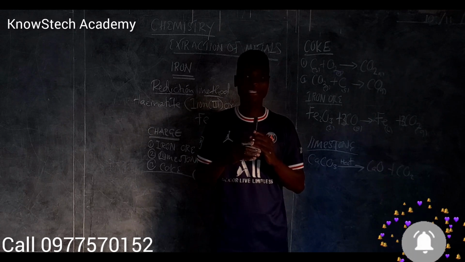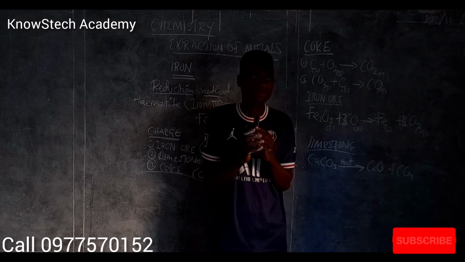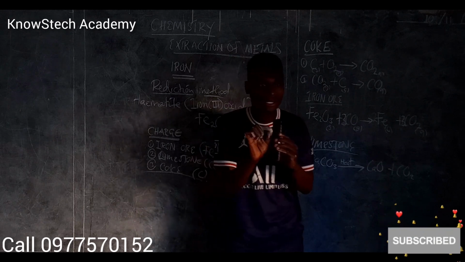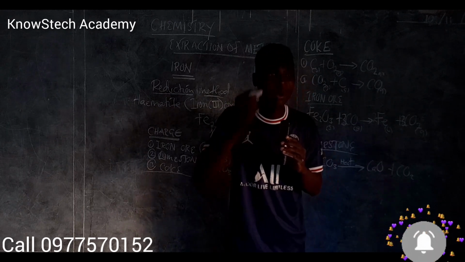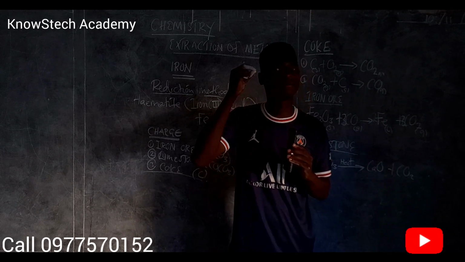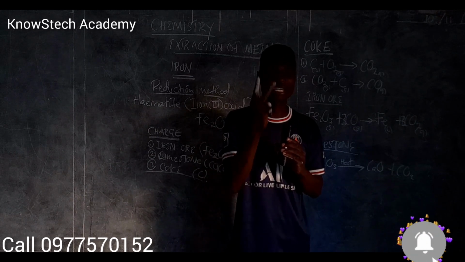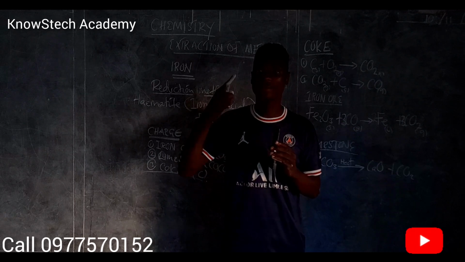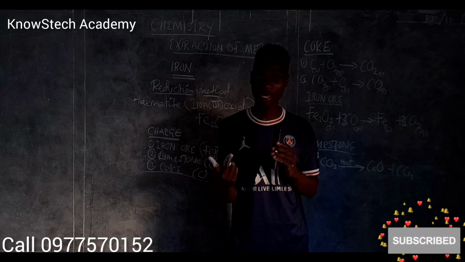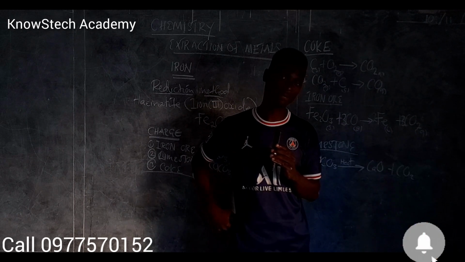Rust is reddish brown, which is formed when iron is exposed to oxygen and water. Two conditions for rusting: oxygen and water.